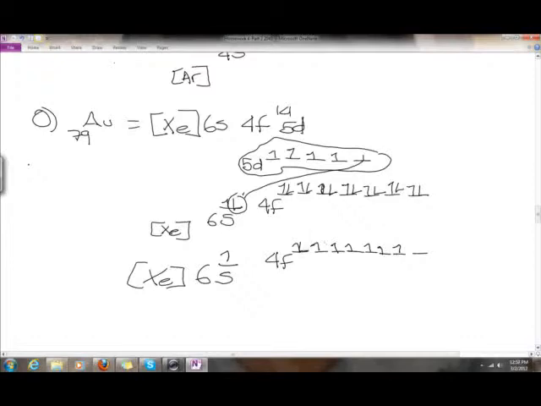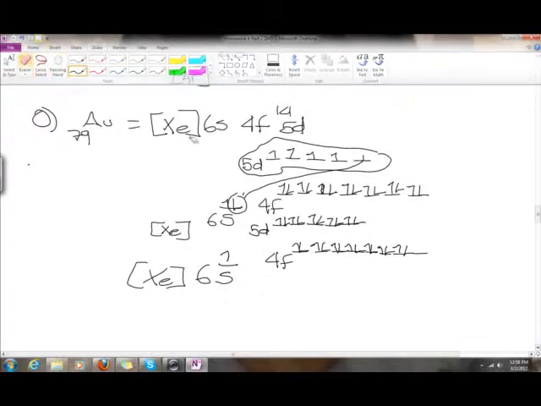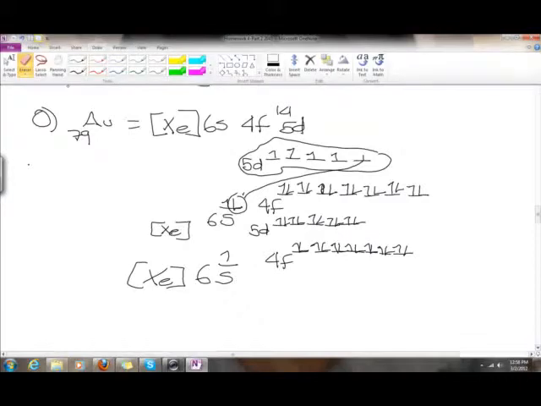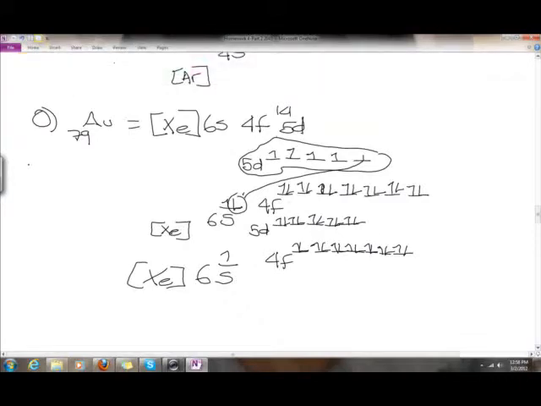I got one orbital more, and then I'll fix it. And then we've got the 5D, 1, 2, 3, 4, 5, 6, 7, 8, 9, and 10. Let me fix this. It's 7 orbitals. And this would be 6s1 and 5d10.